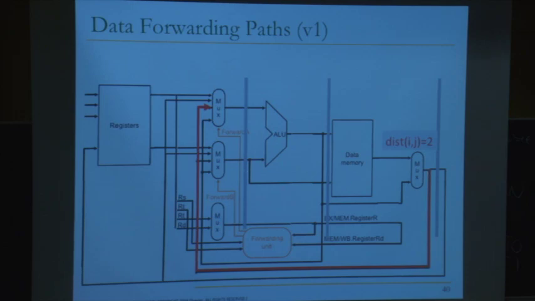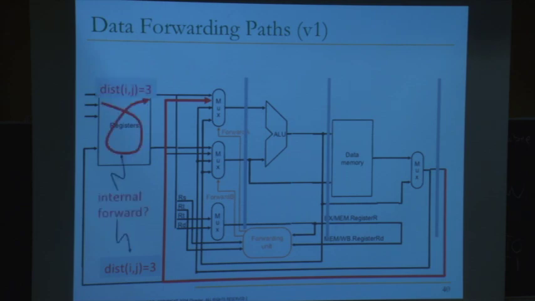So you still need to insert a bubble when an add instruction is dependent on the load, just because the pipeline is laid out this way. Right? Make sense? And this is the forwarding path for instructions that have a distance of 3. And you can imagine all kinds of dependencies can be this way.